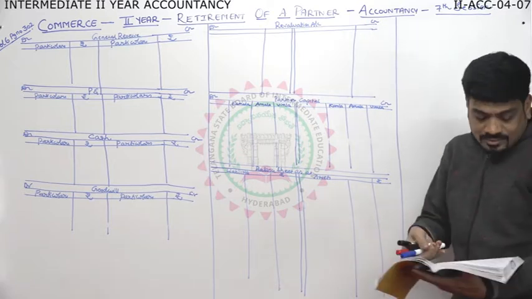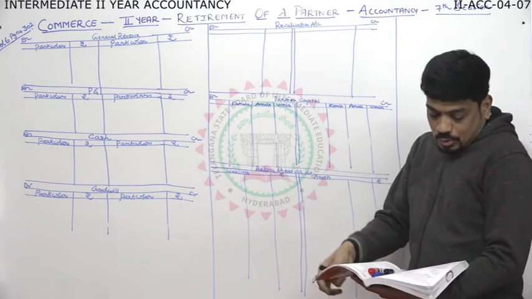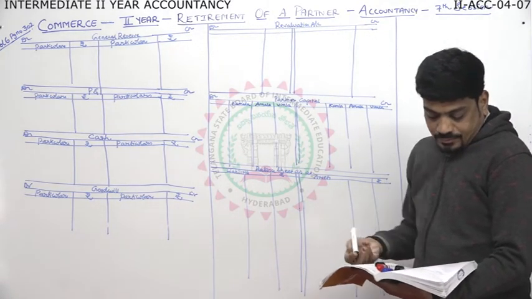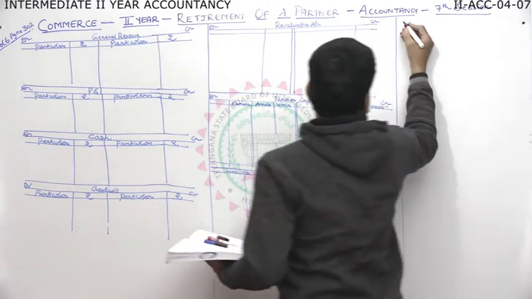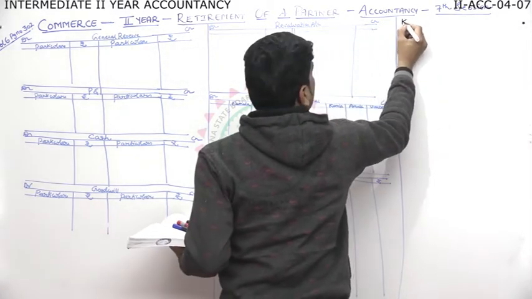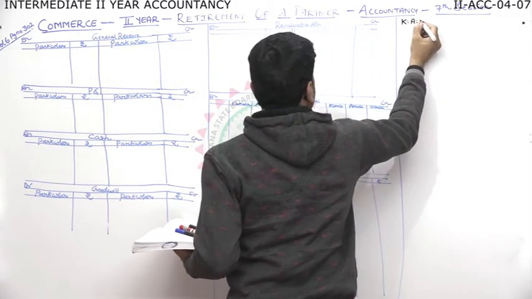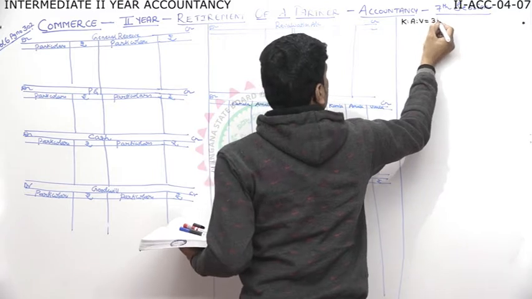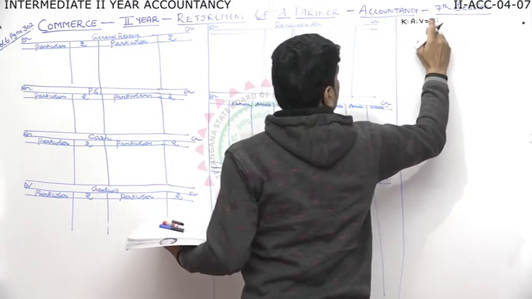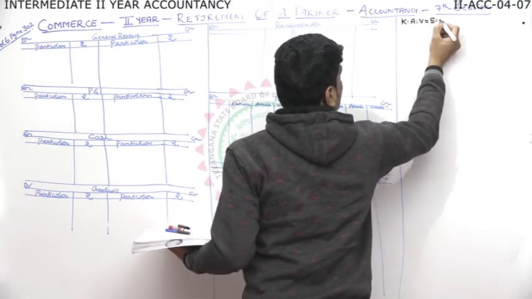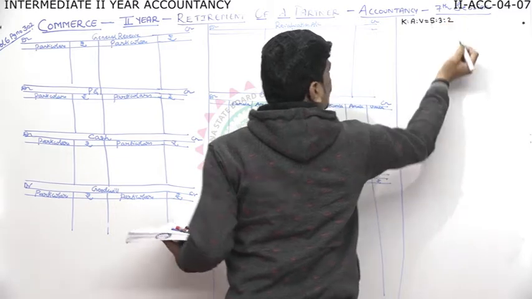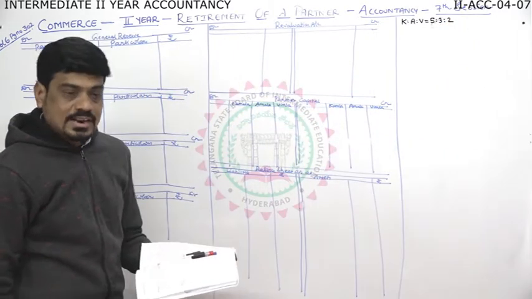Okay, let us start with the posting. First they gave the profit ratio, so in the working we write Kamala is to Amala is to Vimla, 5:3:2, for our understanding.